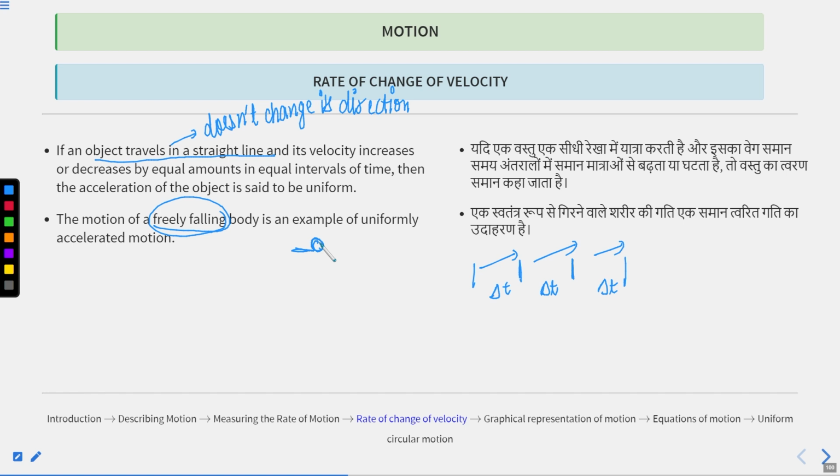That object is moving under the effect of gravity and it has an acceleration, but that acceleration is called uniform acceleration because the velocity of the object increases in equal intervals of time. In every 1 second, the velocity increases at the rate of 9.8 meter per second square. So when you let any object fall freely, it is an example of uniform acceleration.